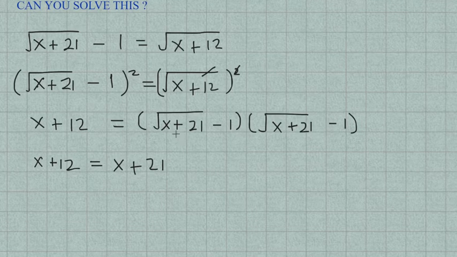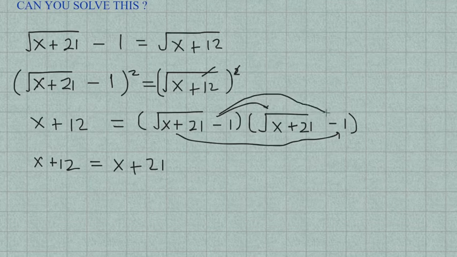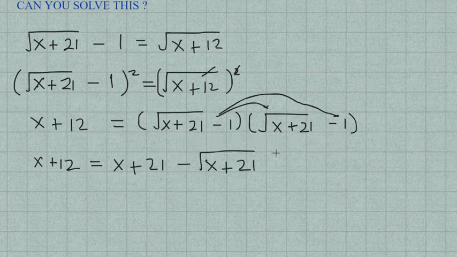Now this is going to multiply this, and this one multiplies this, then this one also multiplies this, right? If this is multiplied by minus 1, we're going to have minus the square root of x plus 21.